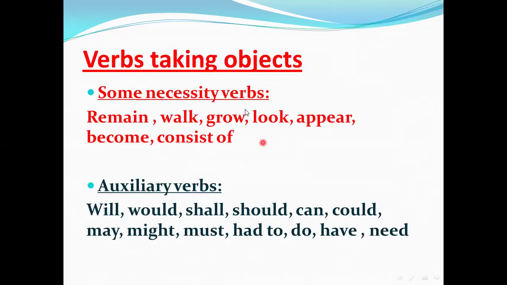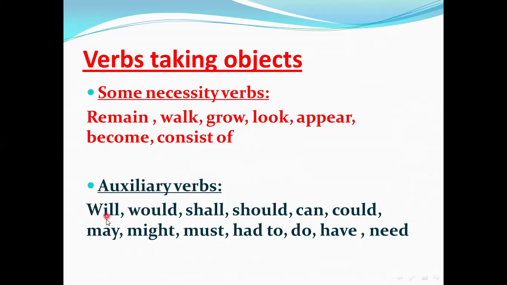I would like to give you a brief idea about verbs that take an object, and in the next class I will explain in detail. Here are some linking verbs and some auxiliary verbs. Linking verbs are like remain, grow, look, appear, become. Auxiliary means the verbs that help another verb.